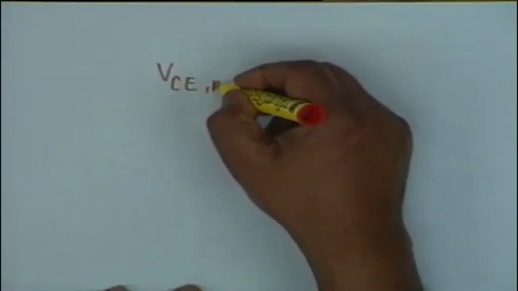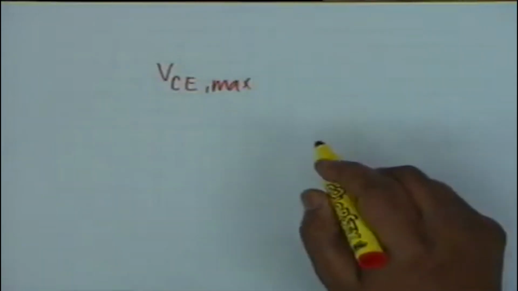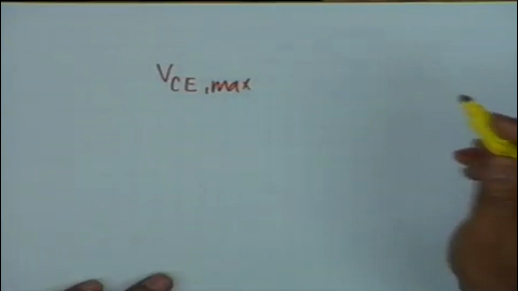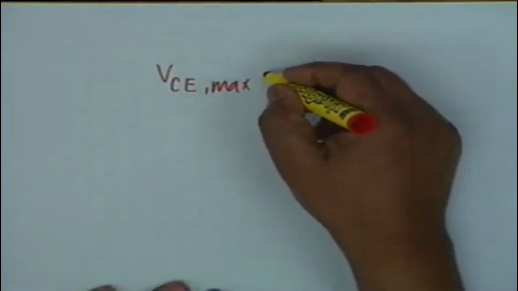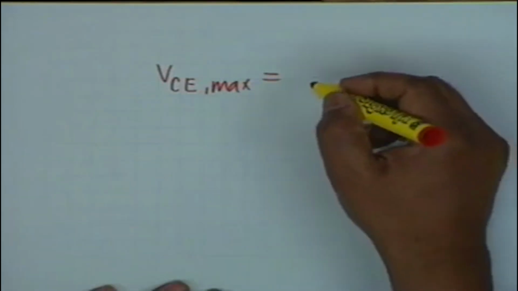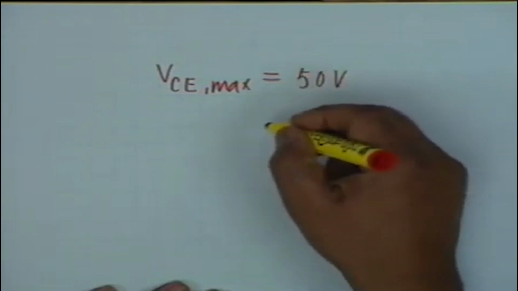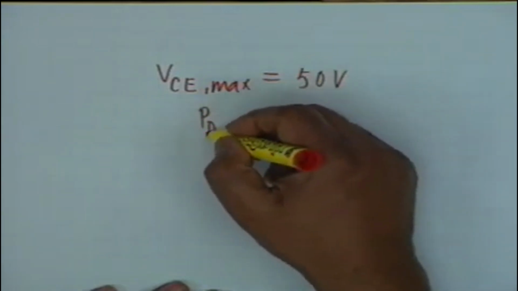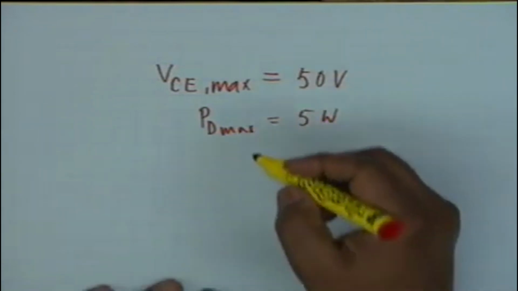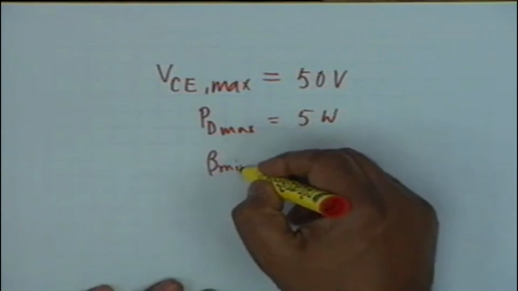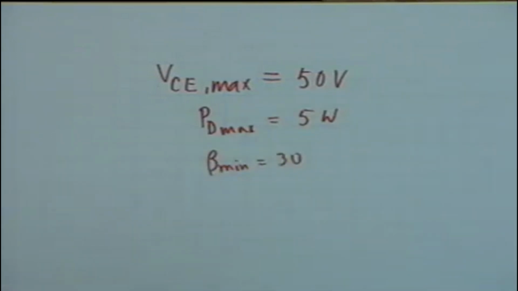Nevertheless, to illustrate the design of a transformer coupled amplifier, we take a typical example in which the same specifications for the transistor hold as was used in the previous example of the transformerless power amplifier, that is, resistance load. Suppose we have a transistor in which the maximum VCE is 50 volt, the maximum power dissipation is 5 watt, and let us say beta min is equal to 30, the same specifications as we had used in the previous example.